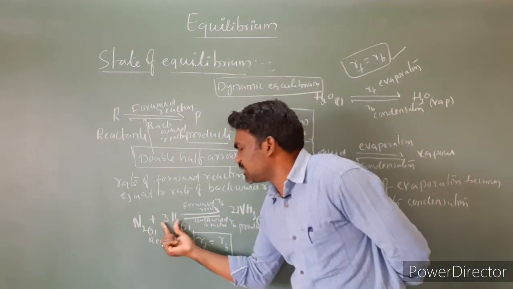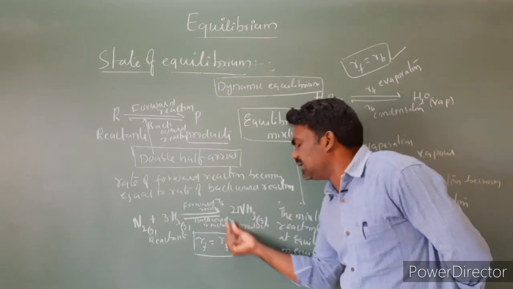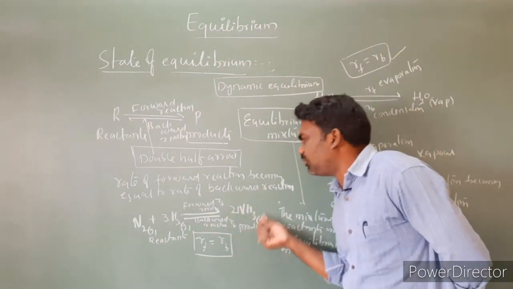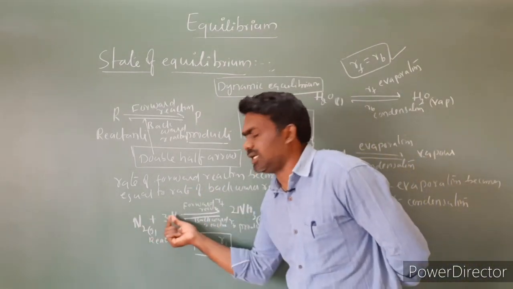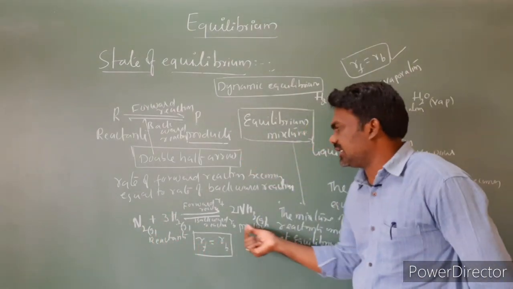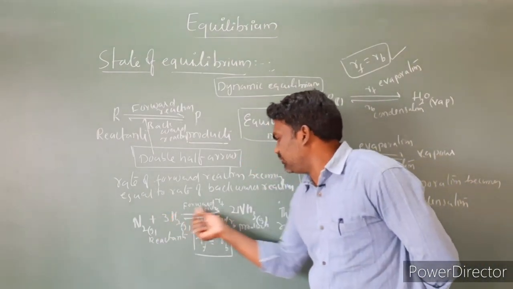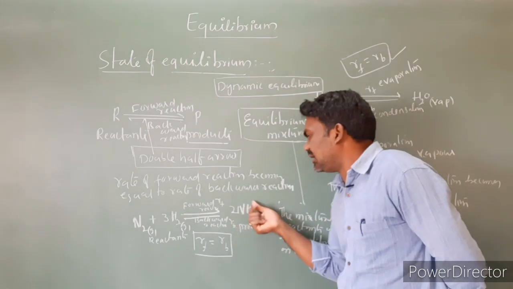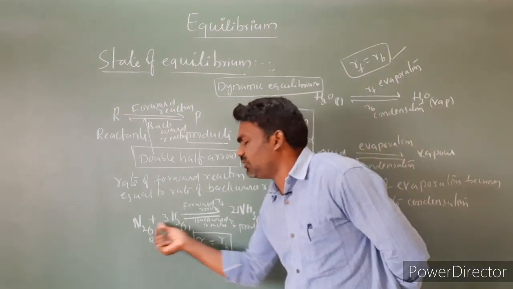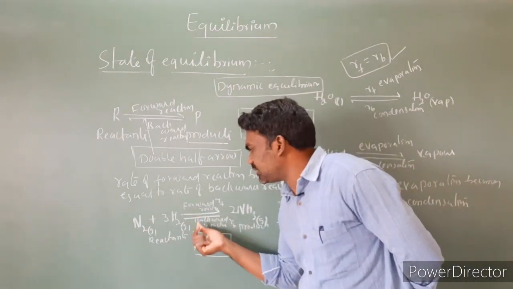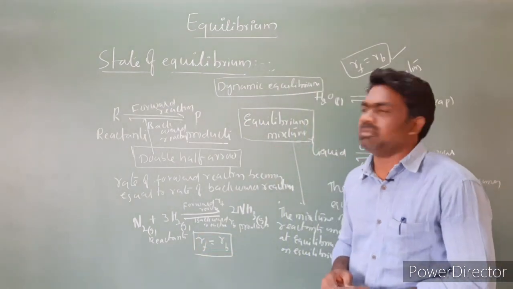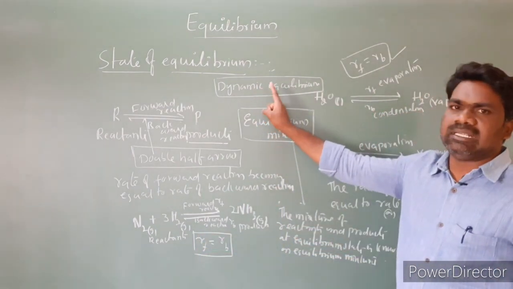So N2 and H2 convert into NH3, and instantaneously the ammonia molecules convert back into N2 and H2. So the rate of forward reaction becomes equal to the rate of backward reaction, and we call it equilibrium being dynamic in nature.